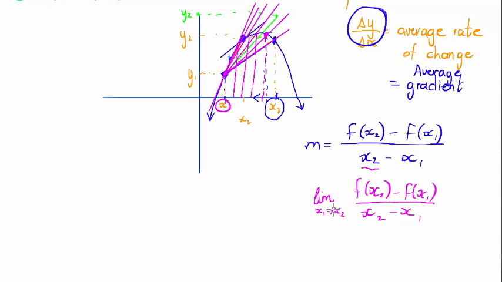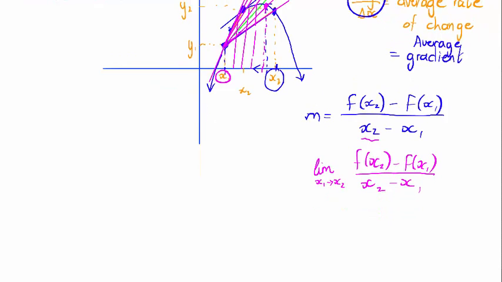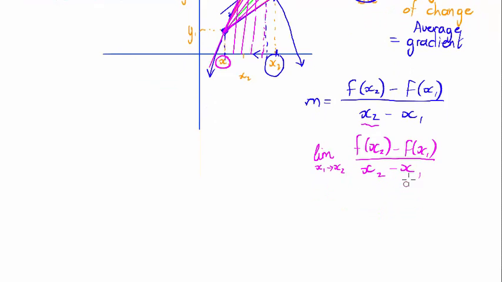I should have actually done it another way around, because this was x2. It doesn't really matter. The point is the two numbers are getting closer and closer together. And when they actually get to each other, they can't, because then the difference is 0, and I have a 0 in the denominator. So whatever this expression comes to, I can't just substitute the two values. I have to first take this fraction that I have here and simplify it. Once I've simplified it so that I don't have the denominator anymore, then I can substitute because I don't have a 0 in my denominator.